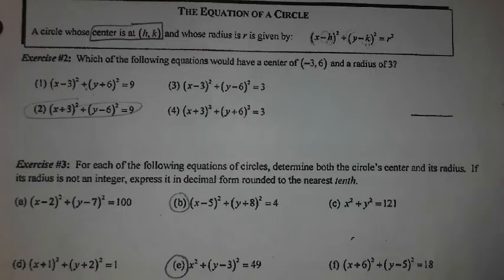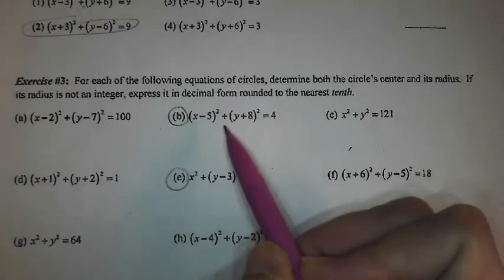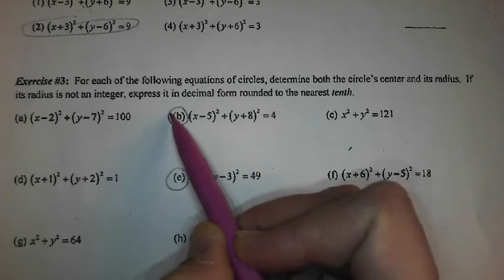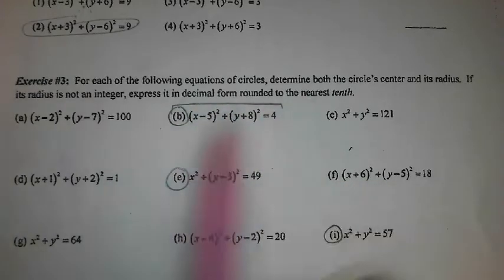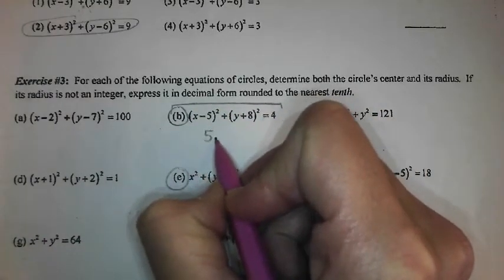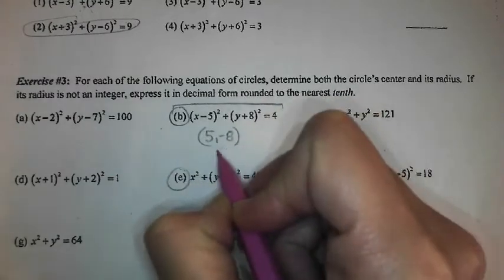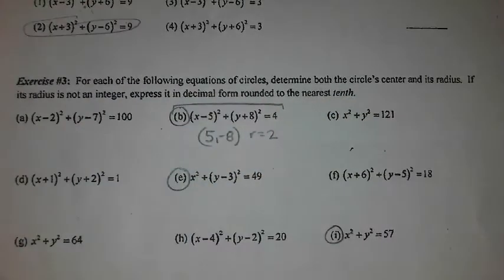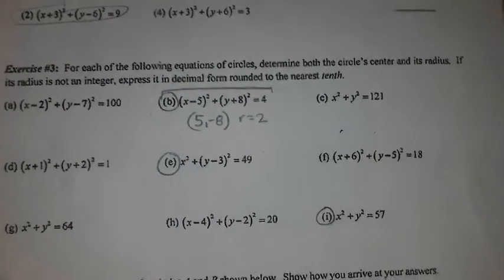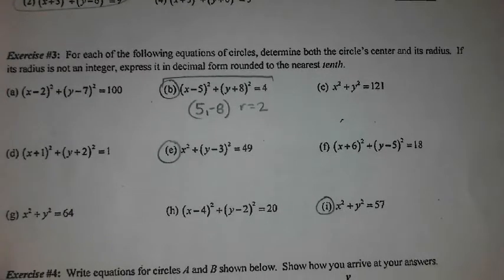Nothing new? Okay. Maggie, what's the center of this circle? Just jump down to B. I'm not going to do all of these. And the radius? Very good. Jump to E. What's the center of that one, do you think, Lucy?